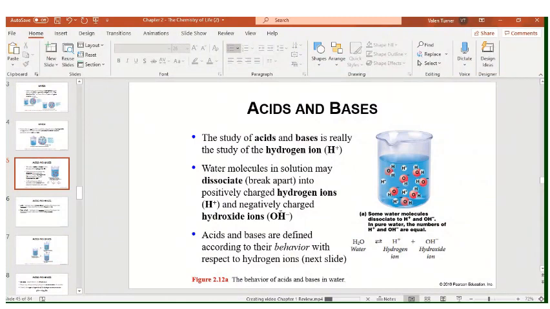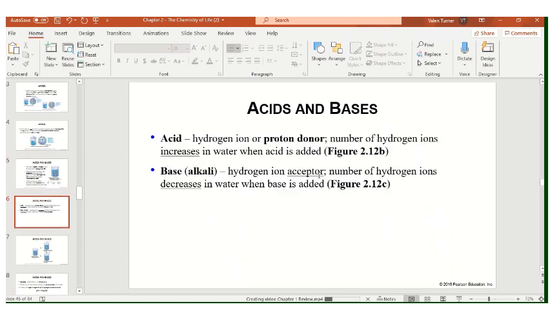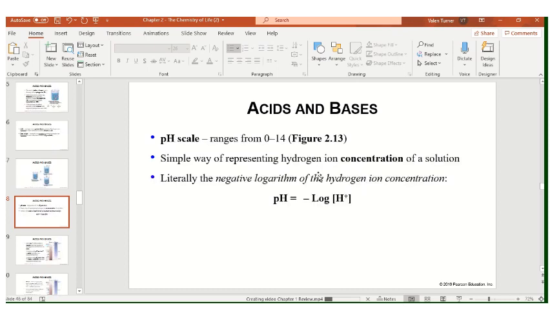And you know these positively charged hydrogen ions are really a proton. And since a base loves to bind protons, we sometimes call them proton acceptors or hydrogen ion acceptors. So acids release positively charged hydrogen ions in water, and bases release negatively charged hydroxyl ions in water.